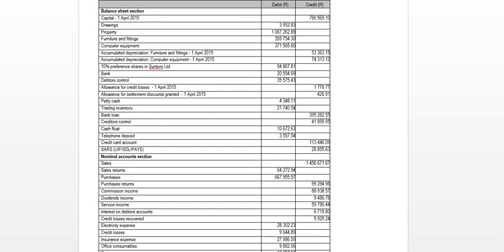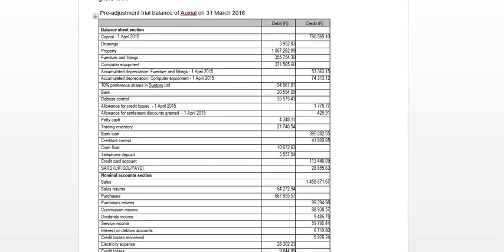So on computer equipment, at the end of the financial year, our balance towards equipment is 371,565 and 60 cents, and our accumulated depreciation is 74,313 and 12 cents.